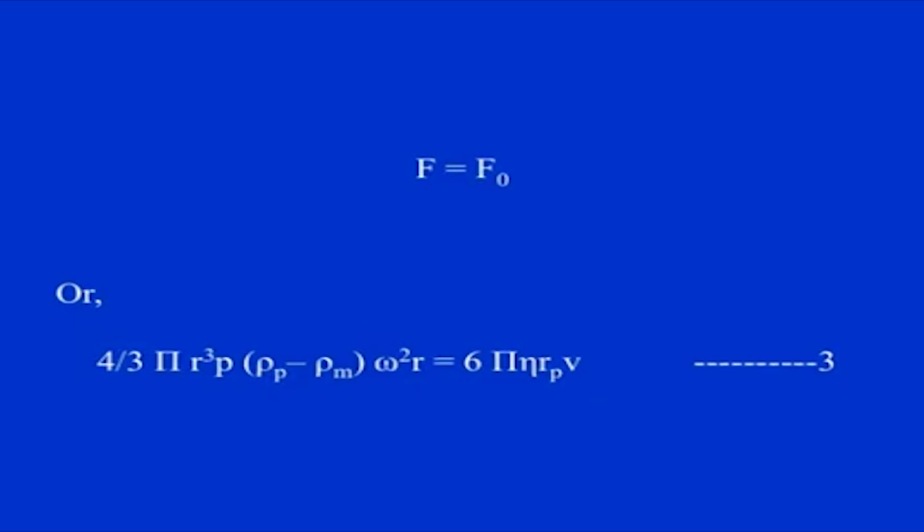These become equal, so the values for both could be substituted for F and for the frictional force when you would like to calculate the velocity or rate of sedimentation. The balancing of these forces occurs very quickly, and the result is that the particle will sediment at a constant rate, or it will achieve constant velocity after a certain period of time.